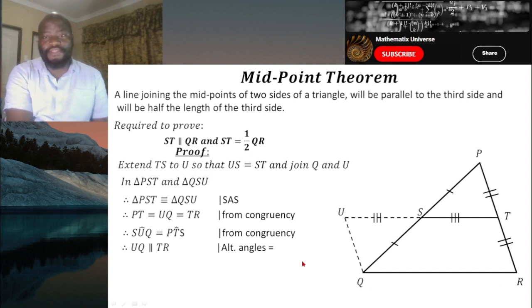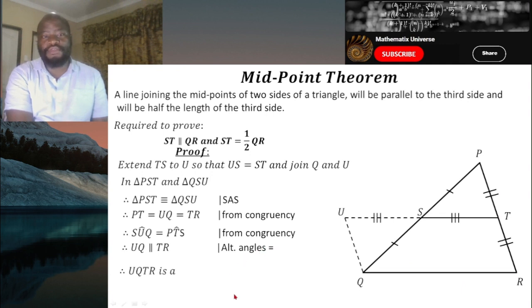Now, there's a theorem with parallelograms that says if you can prove that one pair of opposite sides of a quadrilateral is equal and parallel, then that quadrilateral is a parallelogram. So we have proved that UQ is equal to TR, and we've also proved that UQ is parallel to PR.